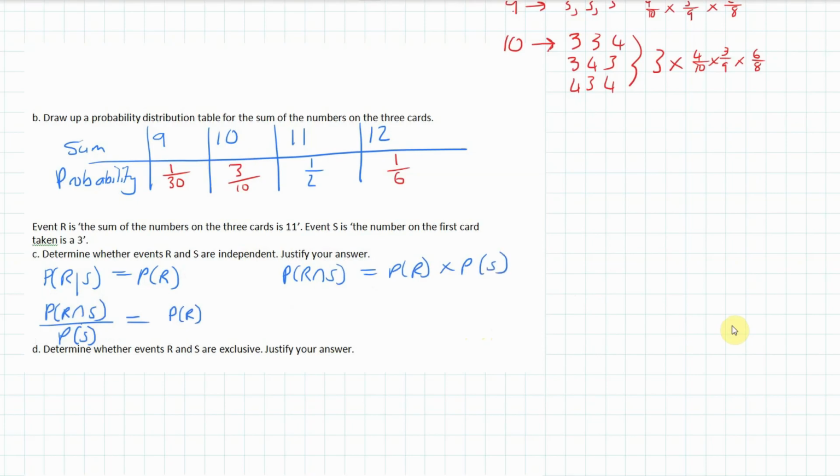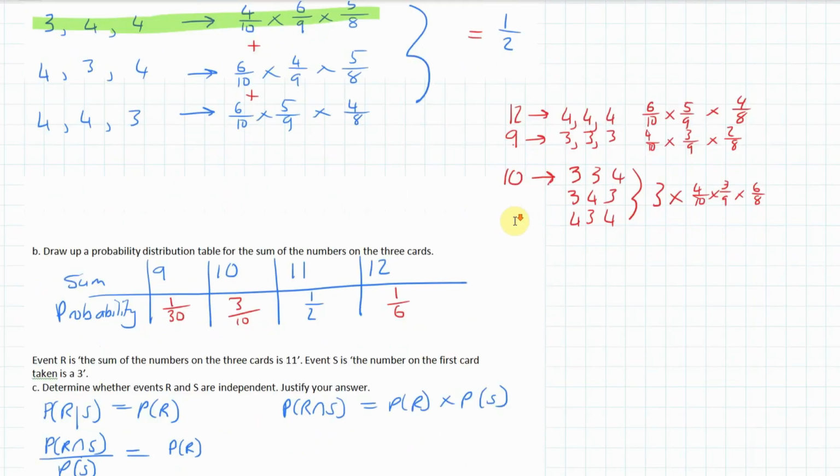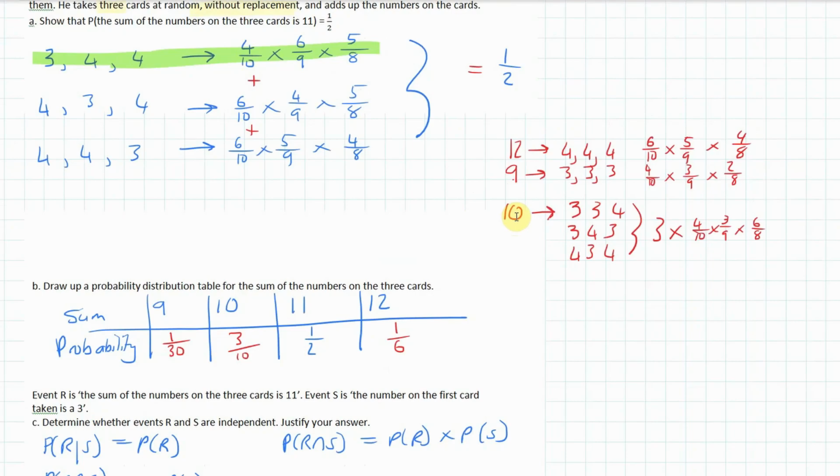Now, the probability of R intersection S. The sum of the 3 numbers is 11, and the first card taken is a 3. So it's this situation here. We can get an 11 that way. That probability is 4/10 times 6/9 times 5/8, and that gives us 1/6.